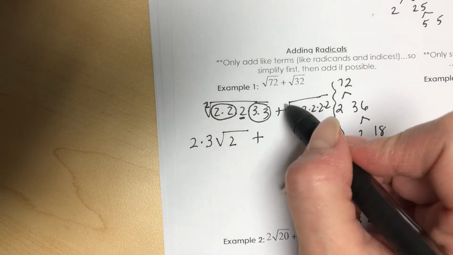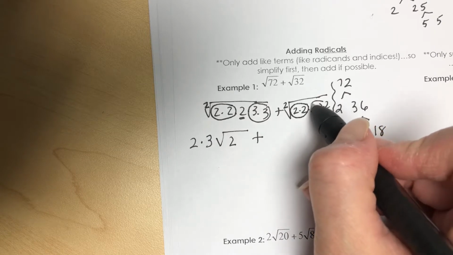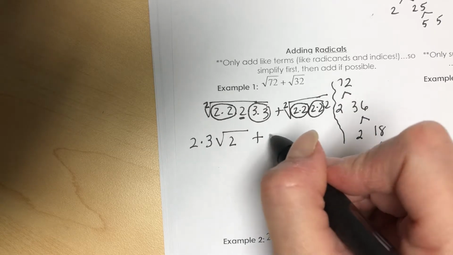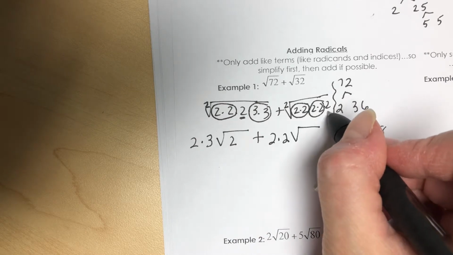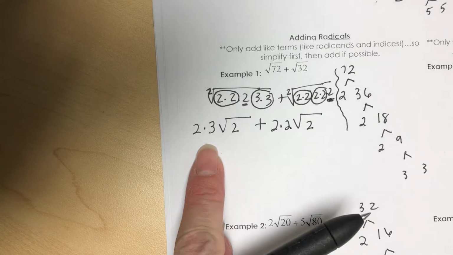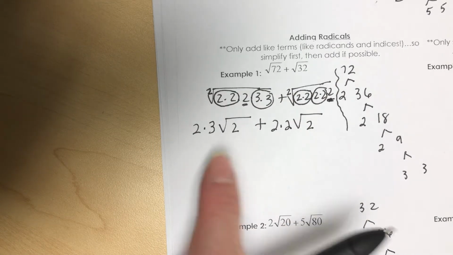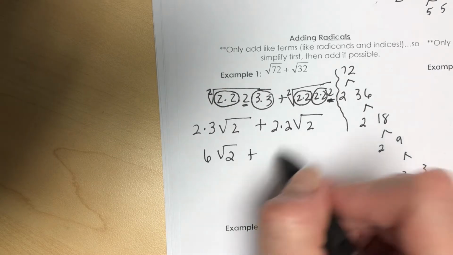Over here, again, it's a square root, so you need a pair. Take a 2 out, take a 2 out. 2 times 2 times the square root, and this guy stays inside. So this is 2 times 3, that's going to be 6 square root 2 plus 4 square root 2.